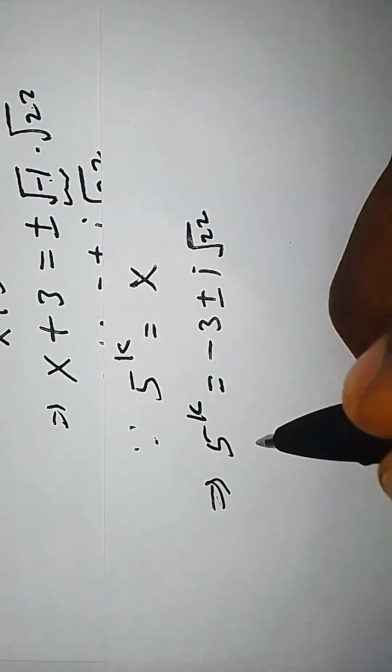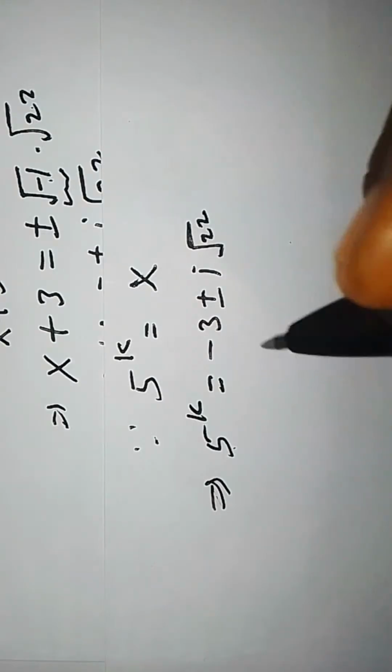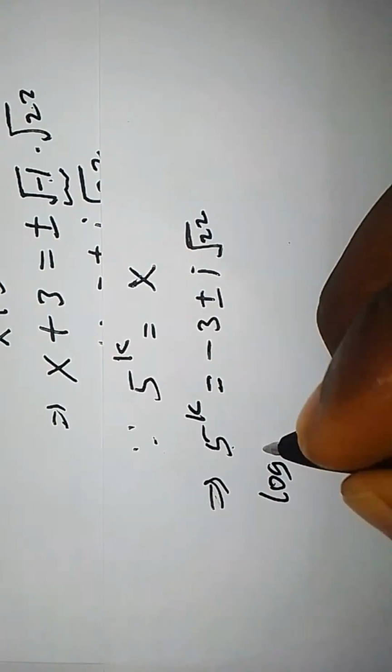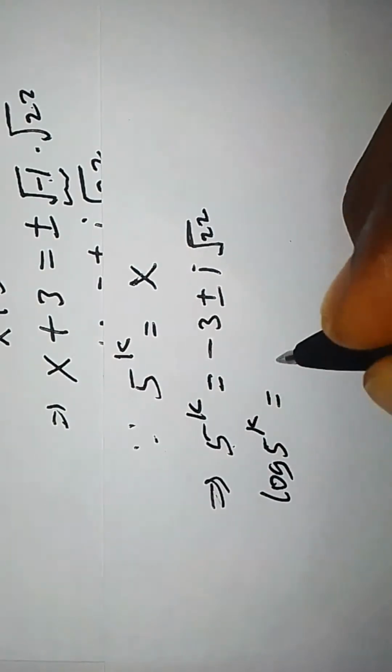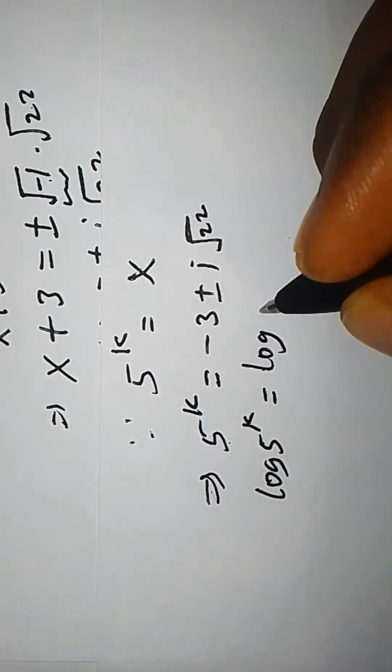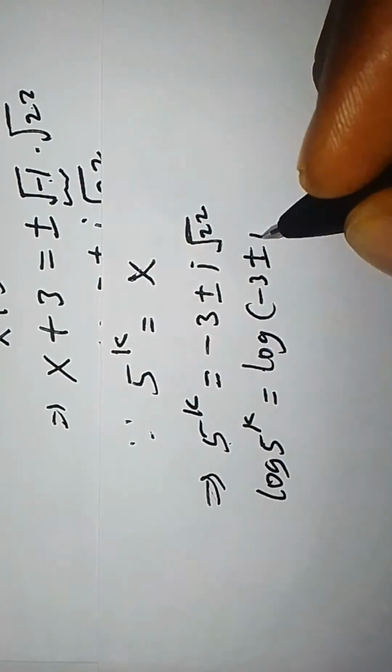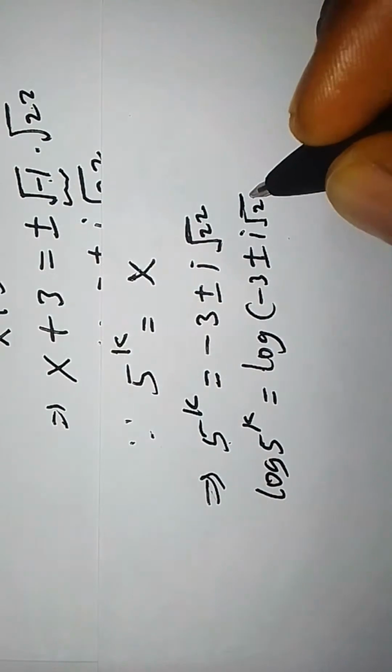If we take the natural log of both sides, that will be ln(5^k) = ln(-3 ± i√22).